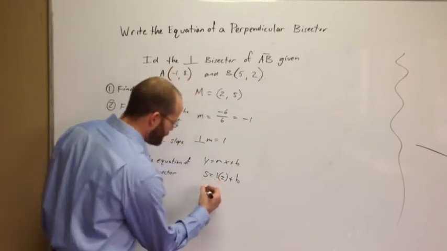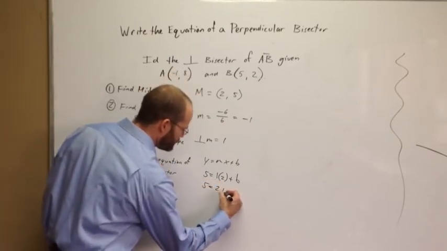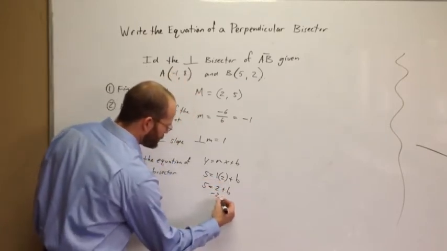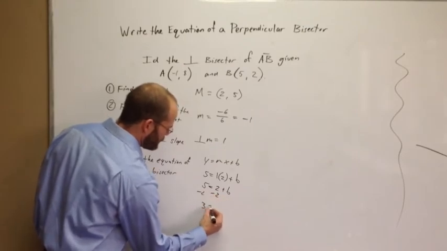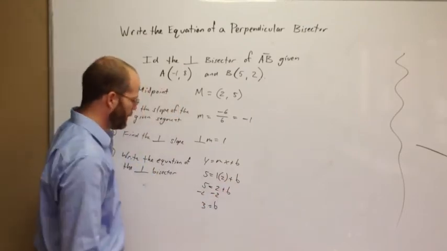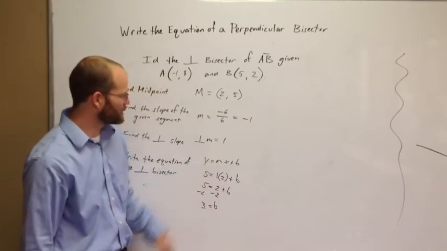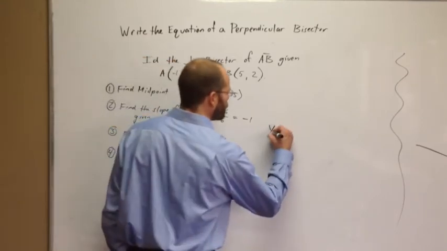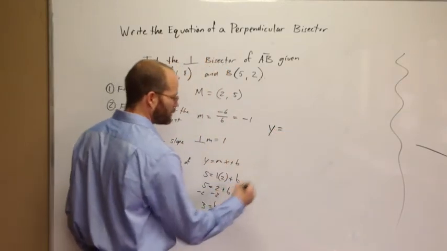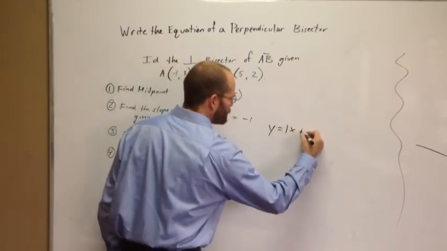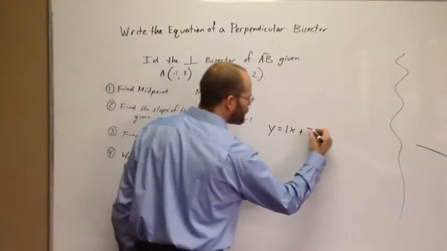We can now see that this is 5 equals 2 plus b. Subtract 2 from each side. 3 equals b. And finally, we'll take that b and that m and put them into an equation in slope-intercept form. y equals slope, which is 1, times x, plus b, which is 3.